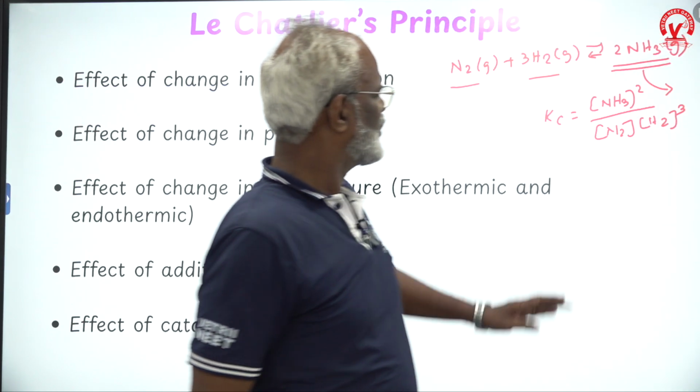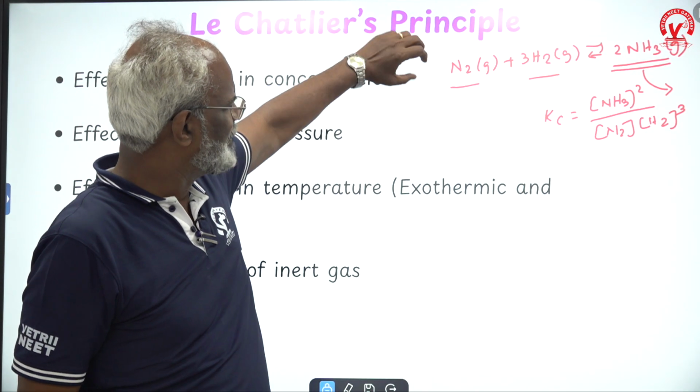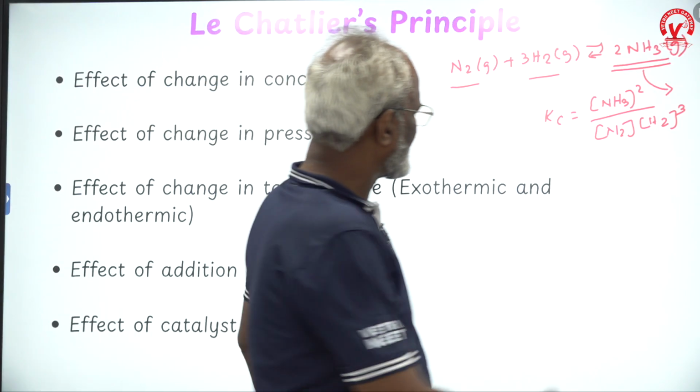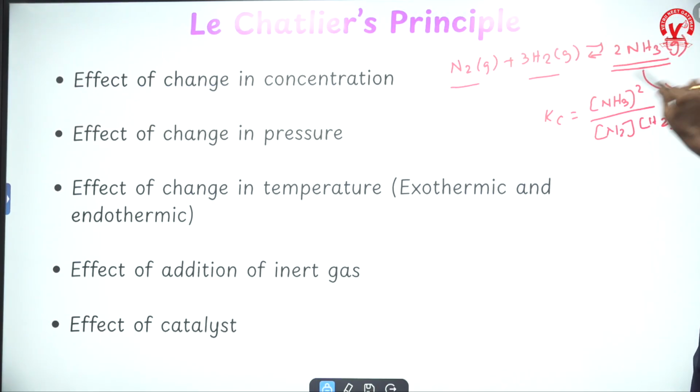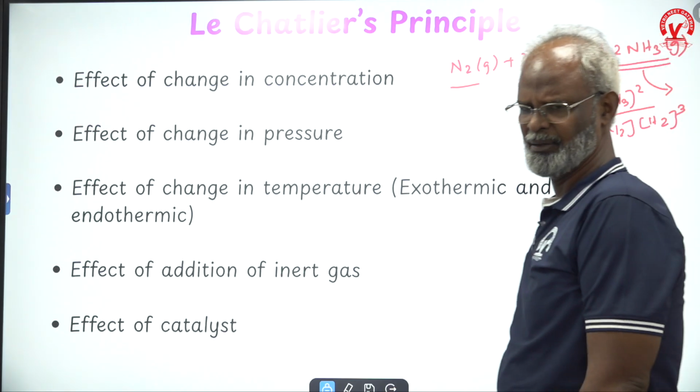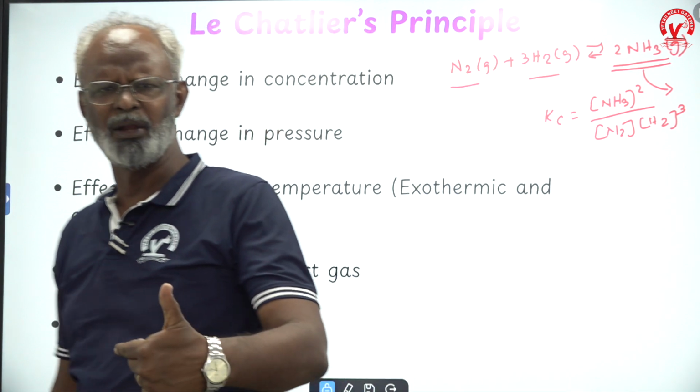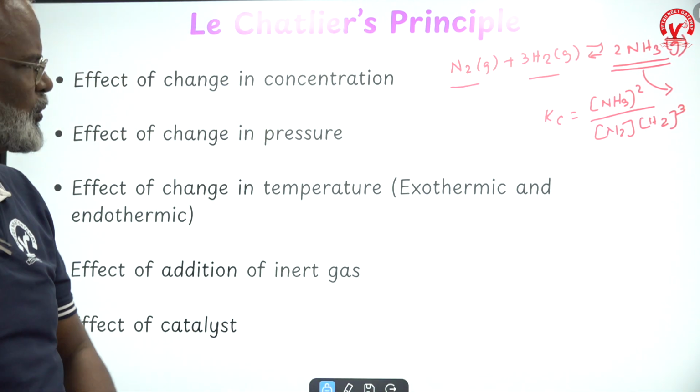If you look at this equation, by increasing the concentration of reactant, that is by increasing the denominator, or by removing the product, like you can liquefy ammonia and keep removing it, in both ways we are trying to reduce the value of Kc. We are disturbing the value and the value gets reduced.